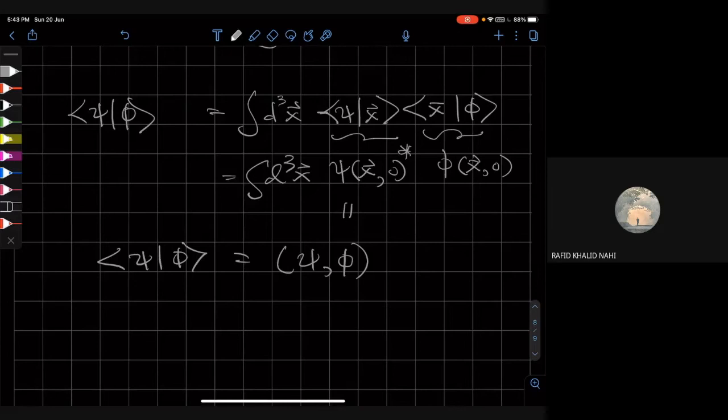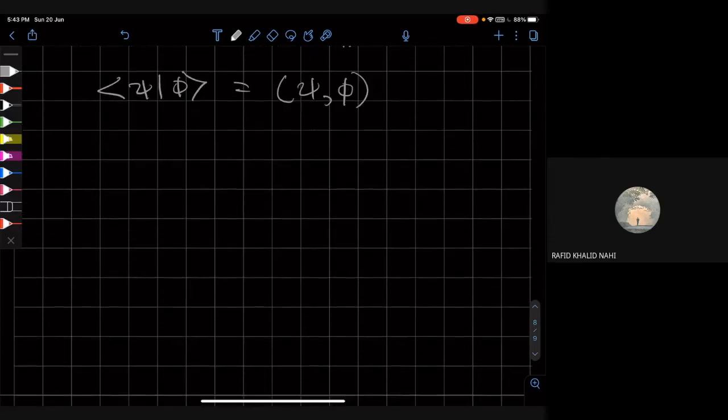Okay, and now, if I take the momentum eigenstate psi of p and take the inner product with psi of p prime, then the orthogonality condition for this is going to be 0.